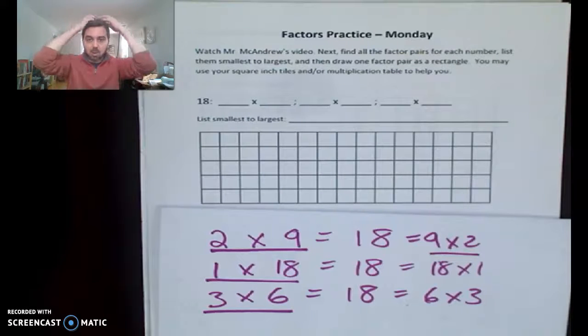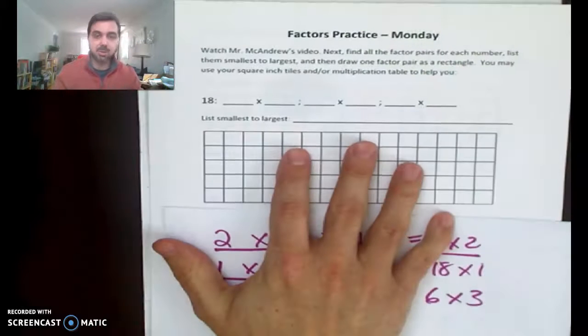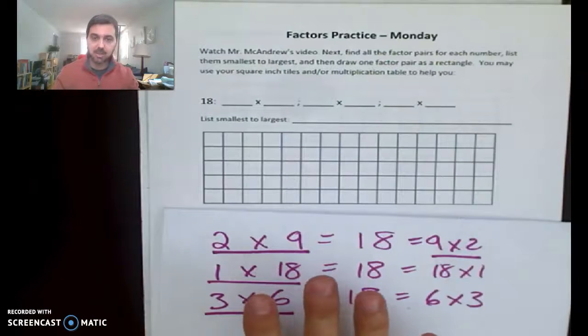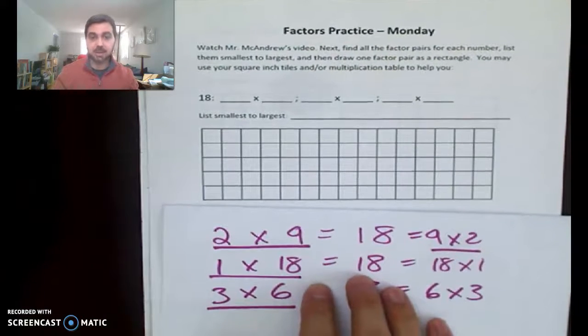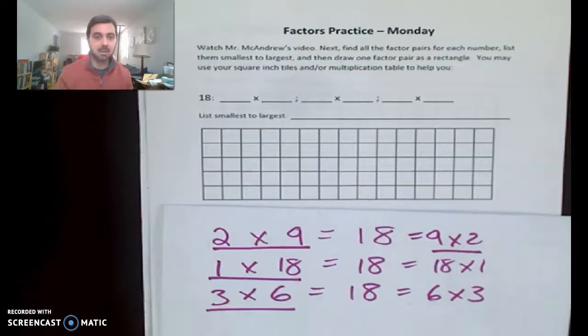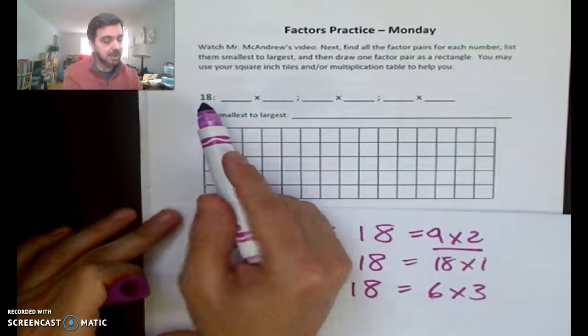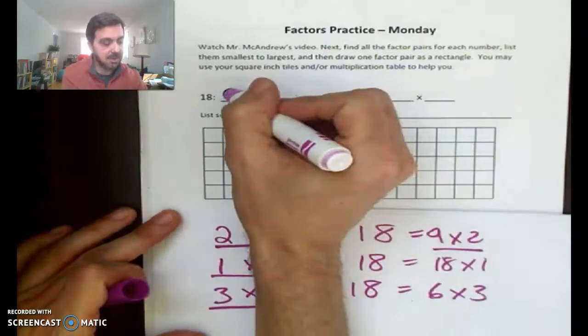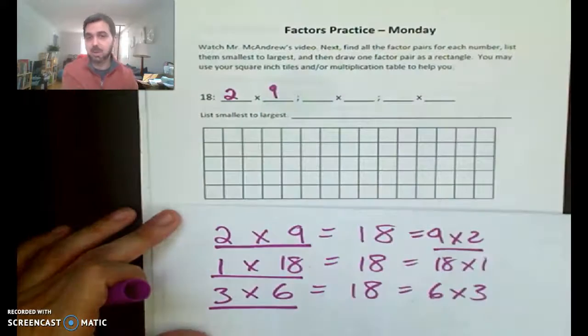All right, so here's what we're going to do. I'll do one with you, the first one with you. So we already found the factor pairs for 18 using our square inch tiles. So here, you're going to write down your factor pairs. So we have 2 times 9, or 9 times 2, whichever way you want to do it.